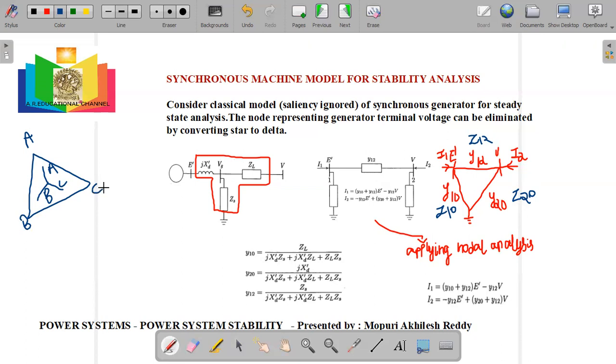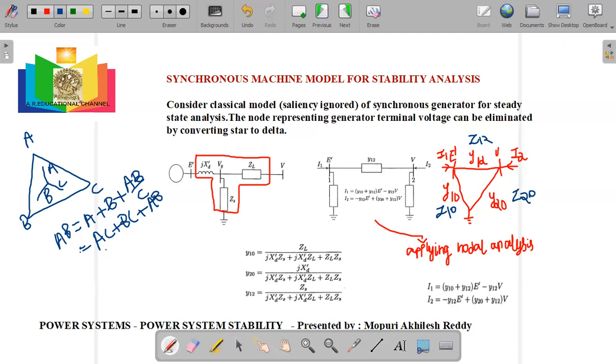The star to delta transformation formula for AB is A plus B plus AB by C. If you take LCM, you will get AC plus BC plus AB by C. This is the impedance ZAB.